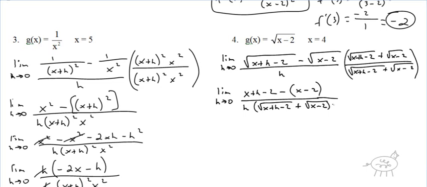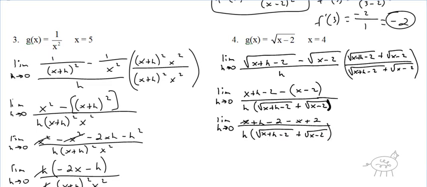That bottom looks a little nasty, doesn't it? But don't worry about it, because you're going to plug a 0 in for h in a little bit here. But let's keep going. I get the limit as h approaches 0 of x plus h minus 2 minus x plus 2 over h times the square root of x plus h minus 2 plus the square root of x minus 2.